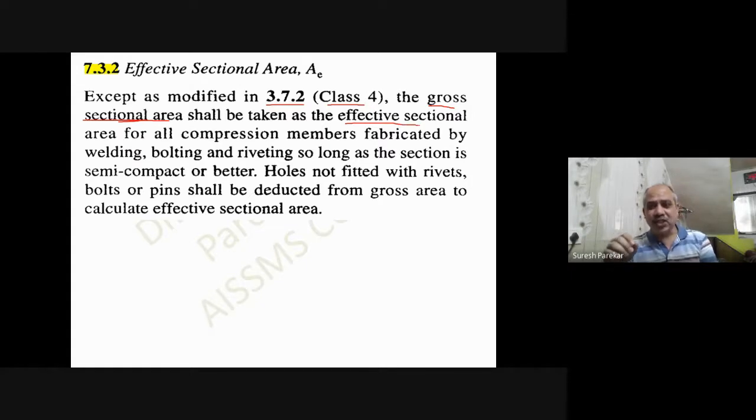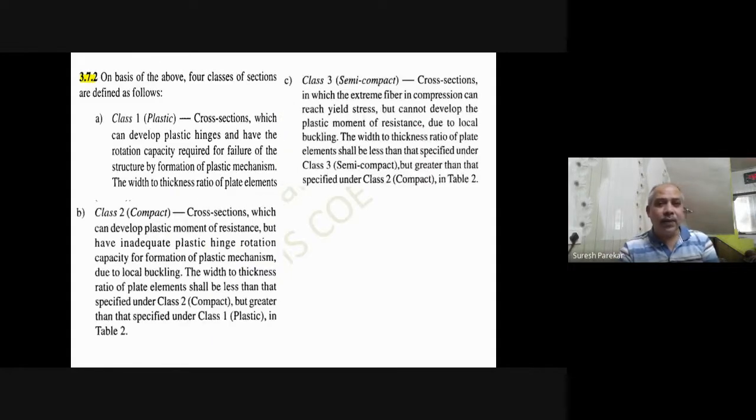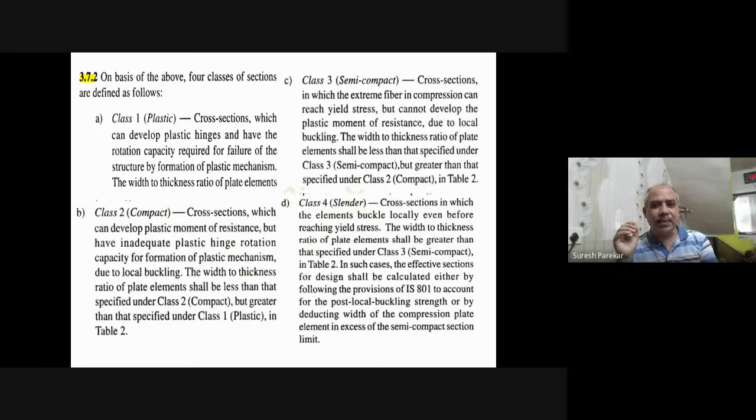So if my section is class 1, class 2, class 3, then we can consider it directly AE equal to AG. Now you can see 3.7.2. We have this class 4, and for plastic section, compact section, and semi-compact section, which are class 1, class 2, and class 3 respectively, we can find from table 2, which is clearly mentioned over here.